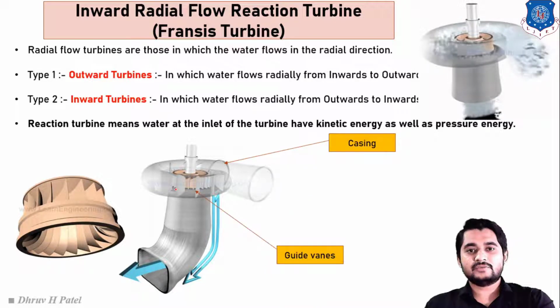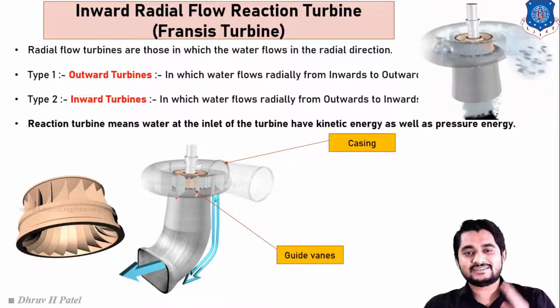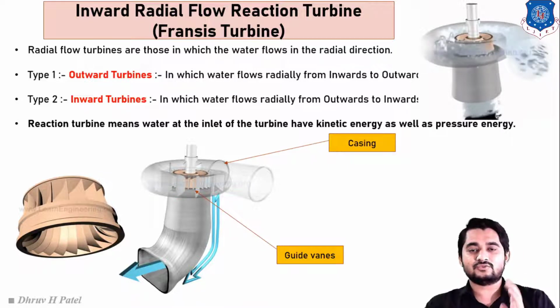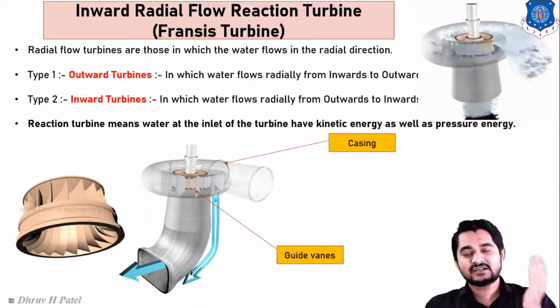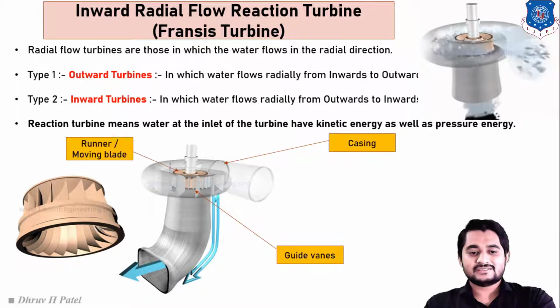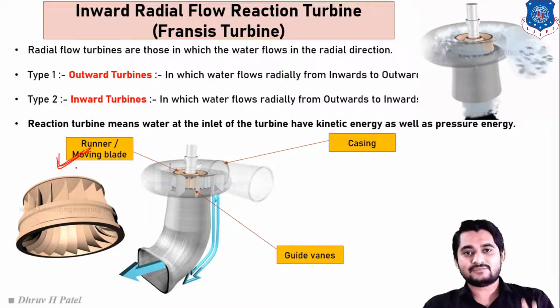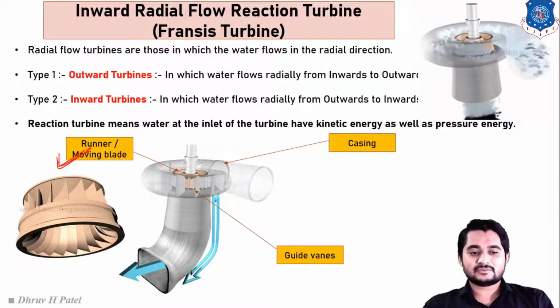The next component is the guide vanes. Here the guide vanes are fixed and they can be adjusted with respect to the flow of water. They are just guiding the water with respect to the runner or blade. The next component is the runner or moving blade. It is actually a complicated component of any type of turbine. In the Francis turbine, this type of runner is used. See in this sketch, vertical type runners are there.